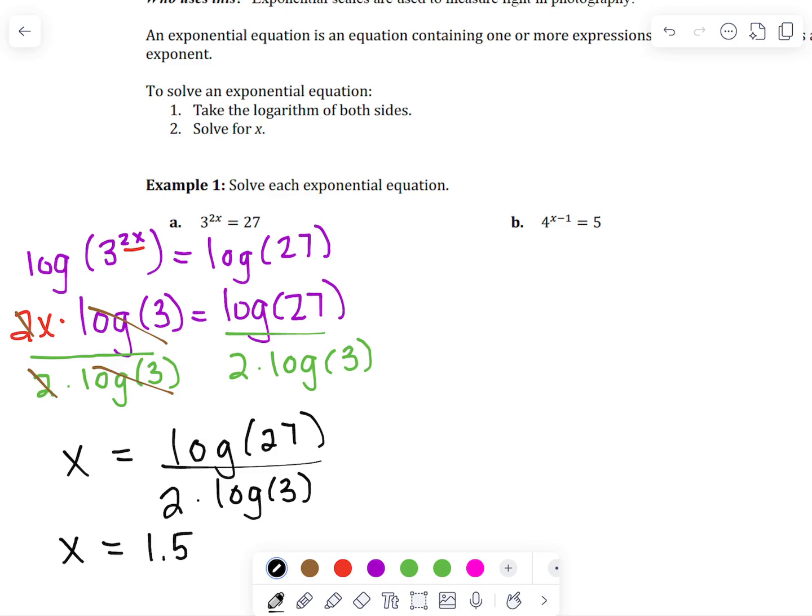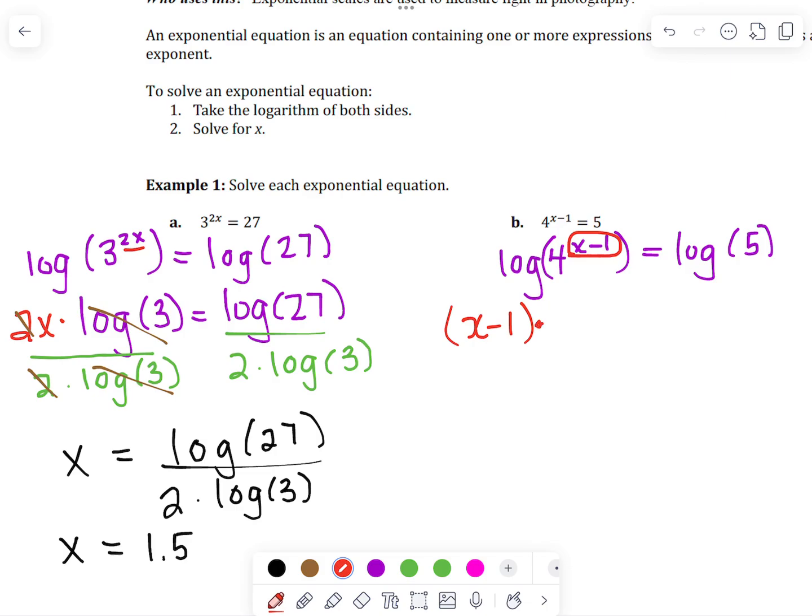All right, here's a second example. We take the log of both sides. Then we can go ahead and take that exponent and bring it down in front using our power property of logarithms.